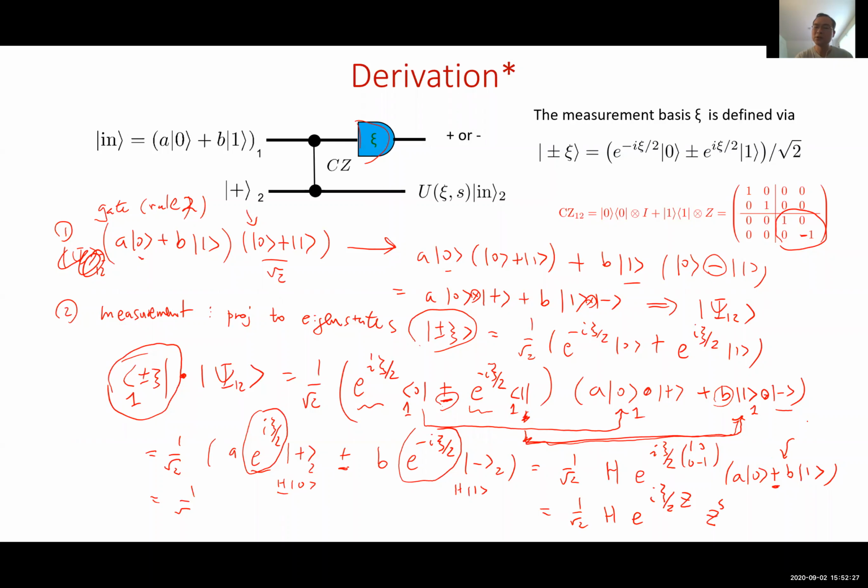So s is 0 or 1, the outcome, so the plus minus, and this is a0 plus b1.